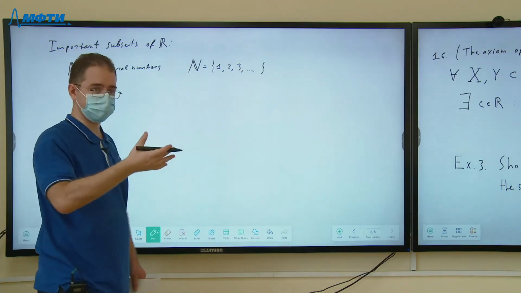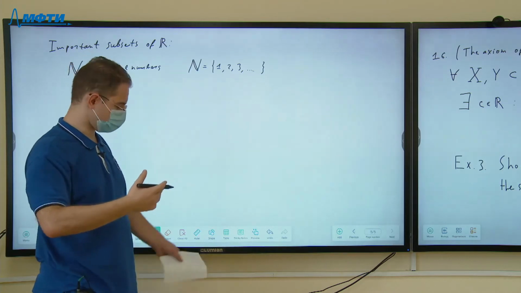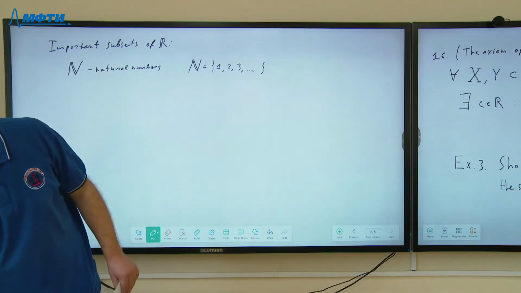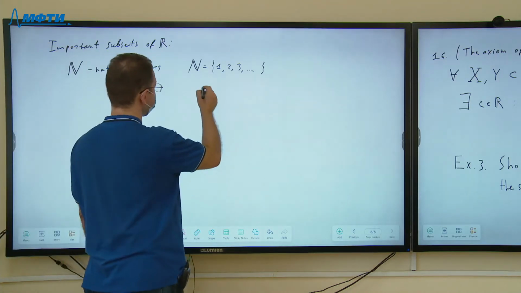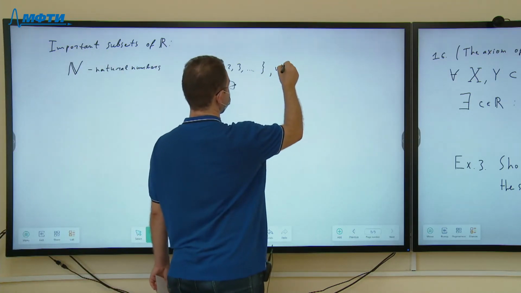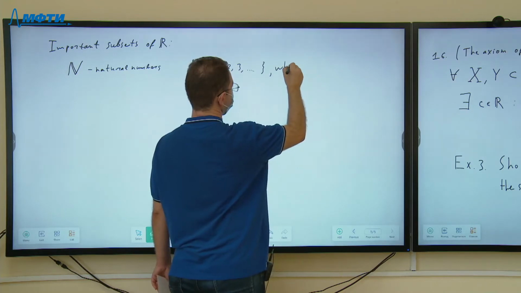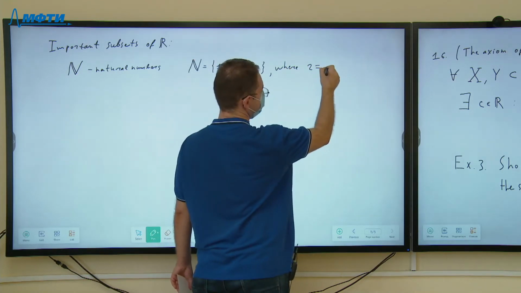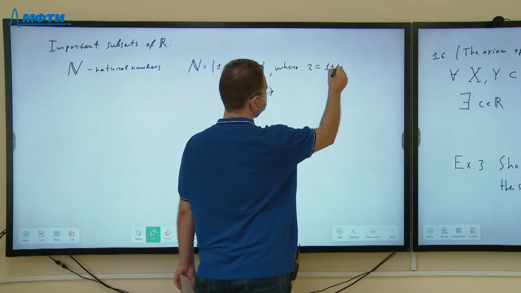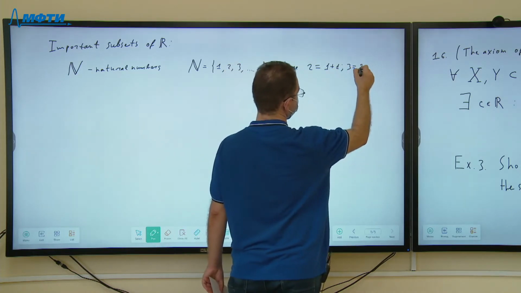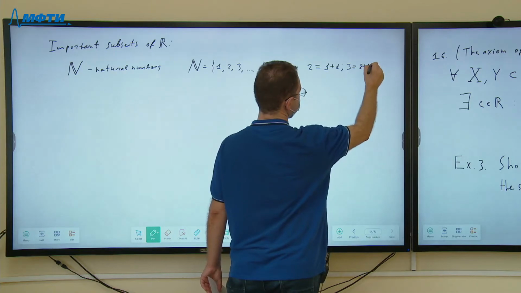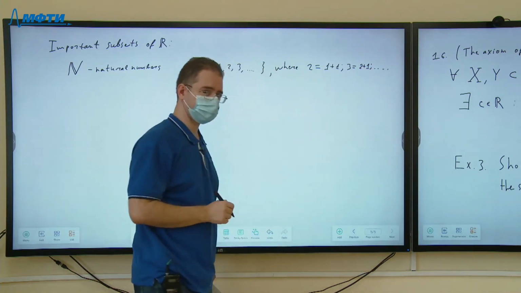Where 1 is the one from the fifth axiom, where 2 I define as 1 plus 1, 3 I define as 2 plus 1, and so on.